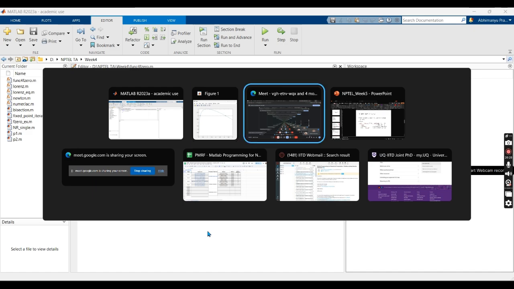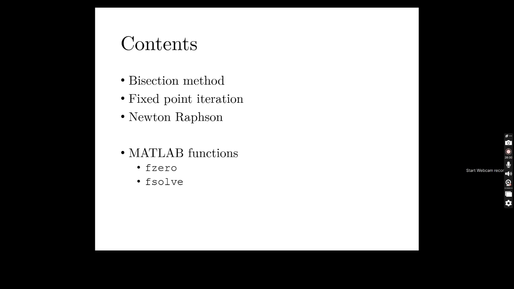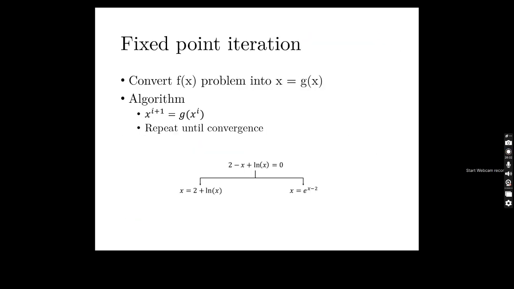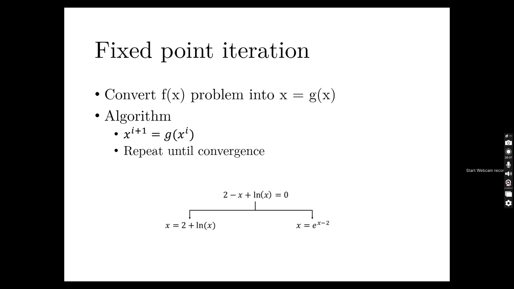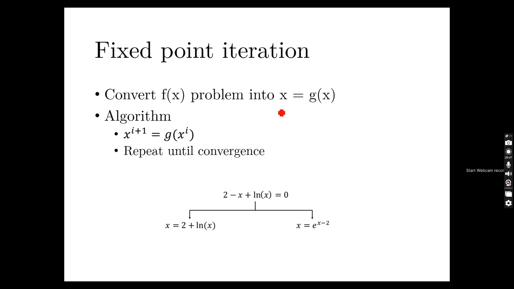Okay. Then we will go to the next part, fixed point iteration. So what we do in fixed point iteration is, suppose we had a function 2 minus x plus ln x.